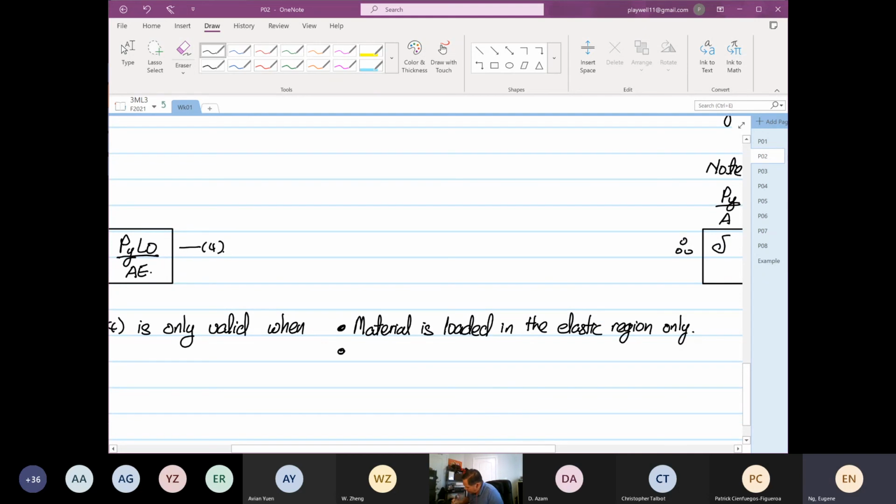And it's only valid, so we know that it's only applicable in the elastic region. And this is critical.